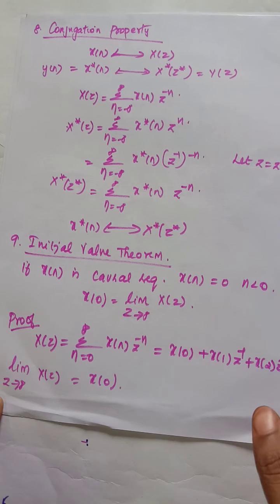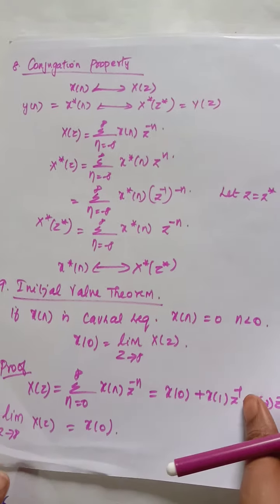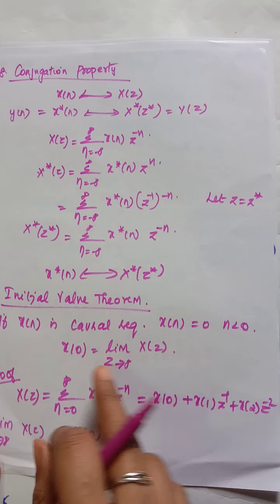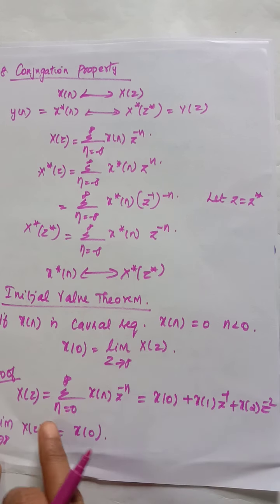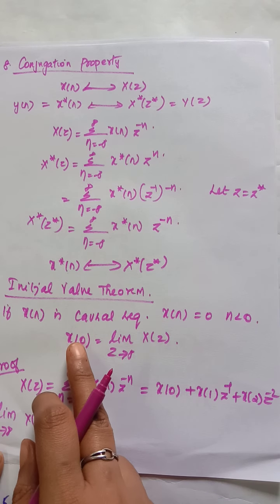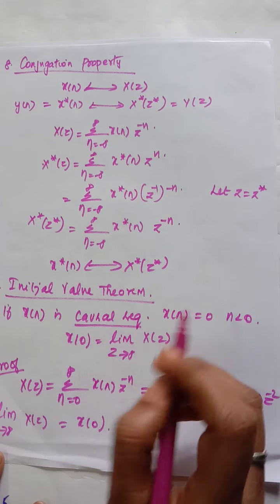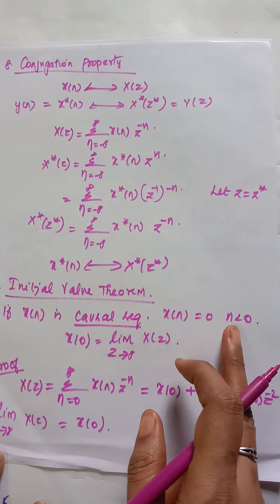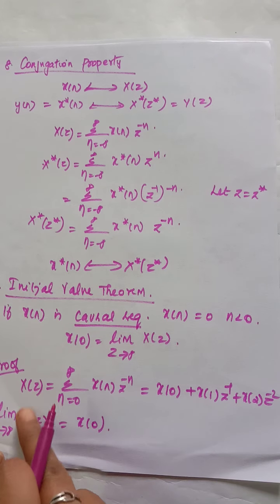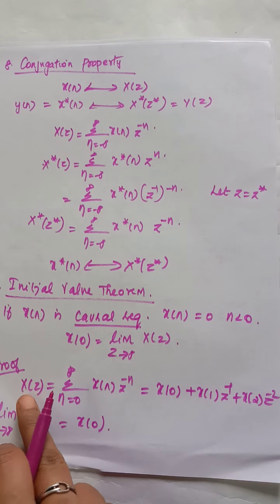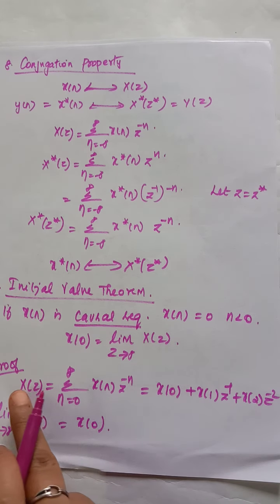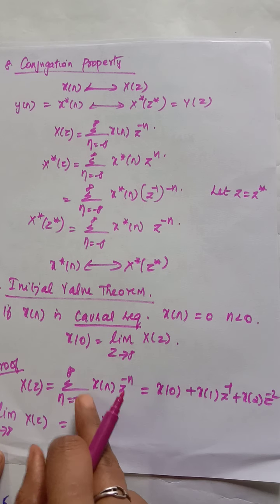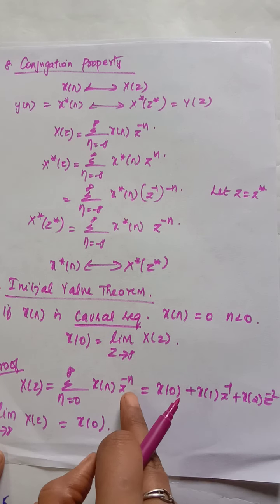The next one is the initial value theorem. Here we need to find the initial value x of 0. For this case we need to consider only a causal sequence: for the signal x of n, n greater than or equal to 0, and for n less than 0, the x of n value is 0. Now you know the z transform for this: x of z is equal to summation n equal to 0 to infinity x of n z power minus n.